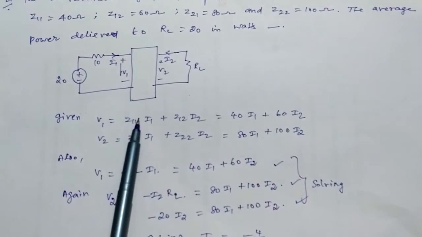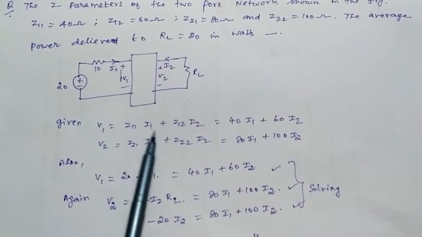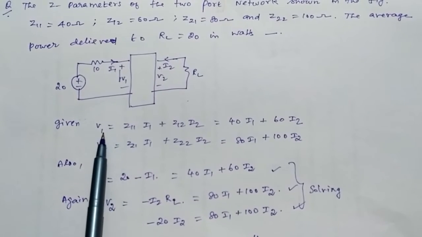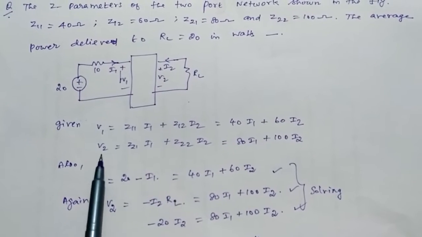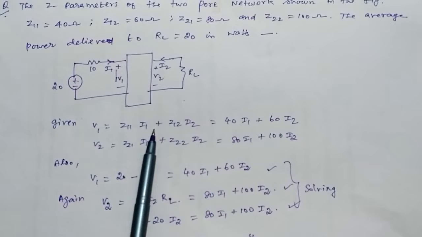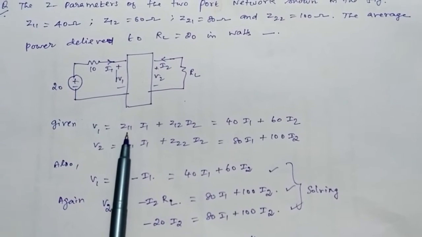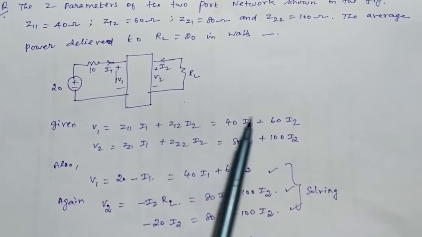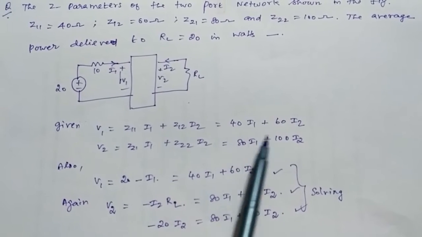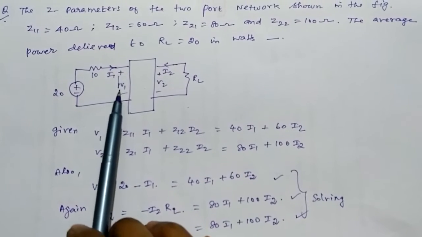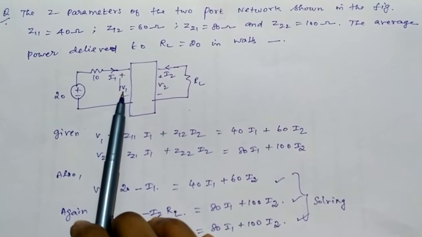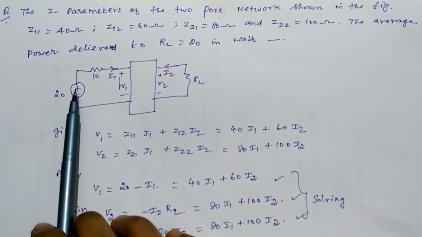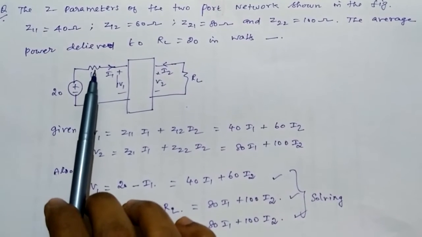So we know the standard format of the Z parameter equations, that is V1 is equal to this and V2 is equal to this. Just substitute the respective values, Z11 is equal to 40. Now again from the knowledge of circuit analysis, this V1 is nothing but 20 volt minus the drop in the resistor.